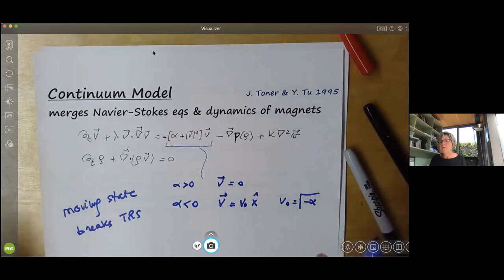A sound wave tells you how, if I create a local density fluctuation, the density fluctuation evolves in time. In a system which is completely dissipative and damped with no momentum conservation, you would expect the density fluctuations to die out very quickly, not to propagate. In a fluid, the density fluctuation propagates. Those are sound waves, and that's because momentum is conserved and the propagation comes from the interplay of elasticity and inertia.